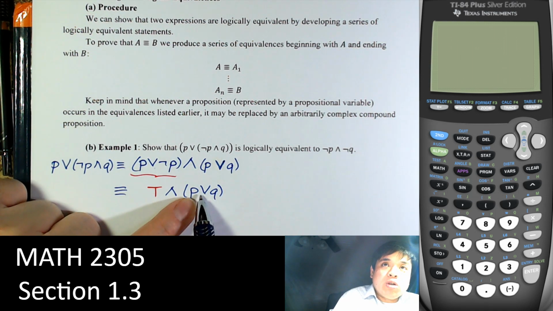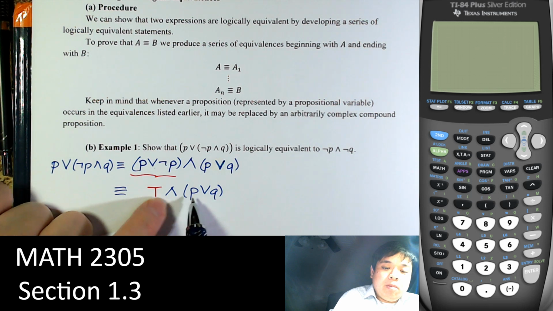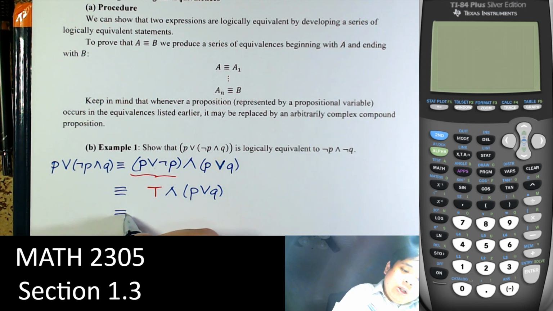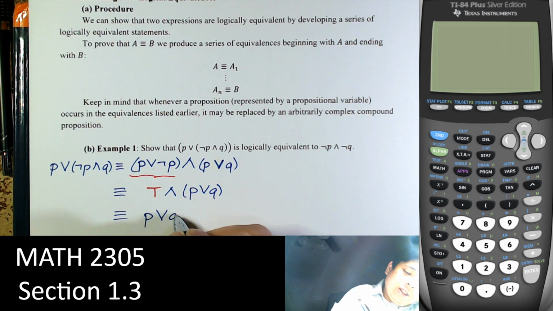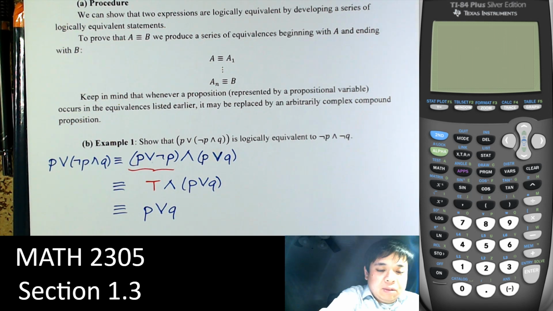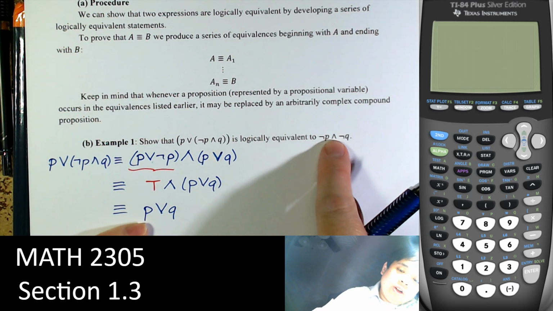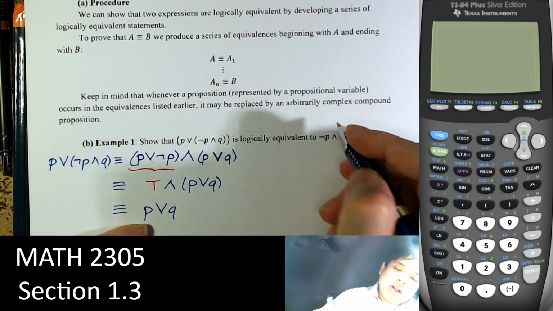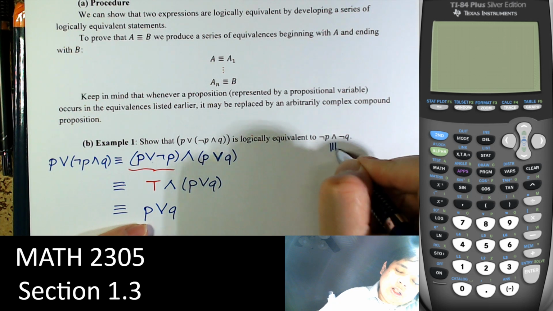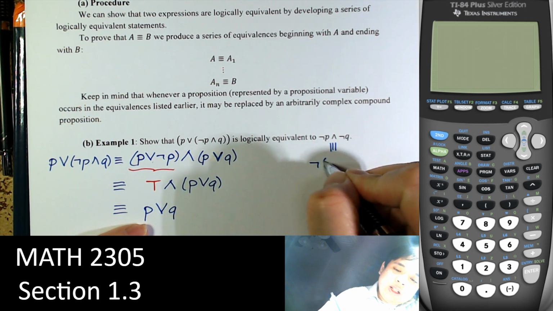If this one is false, the whole thing is false because it is a conjunction. So actually the true here doesn't do anything. So we have that, and now this is equivalent to that, right? Now what is actually this one equivalent to? Negation. This is the De Morgan's law.